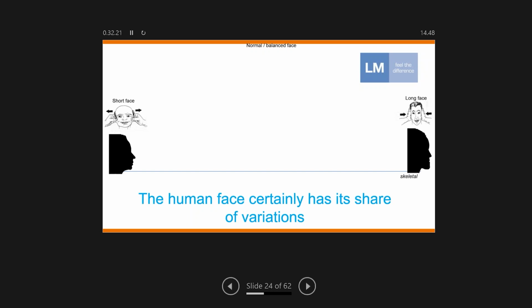The long face and short face are characterized by different structures of the skull, different morphology and dimension, and a different relationship between the bones in the face. In particular, this is very important for us in the relationship between the upper maxilla and the mandible.